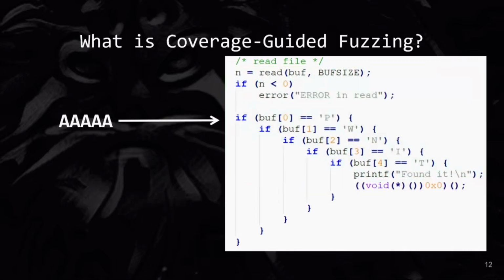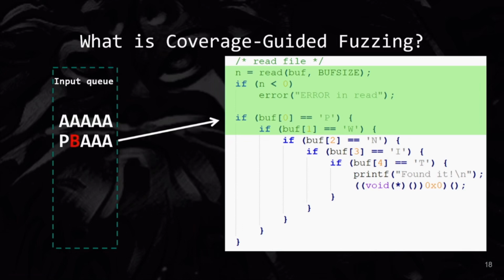To address this problem, people invented coverage-guided fuzzing. People also call it feedback-driven or smart fuzzing. In this case, we continue mutating our input, but at the same time, we estimate the coverage triggered in our target. If we see that our input led to some new path in the target, we save this input and then perform a subsequent mutation on top of it.